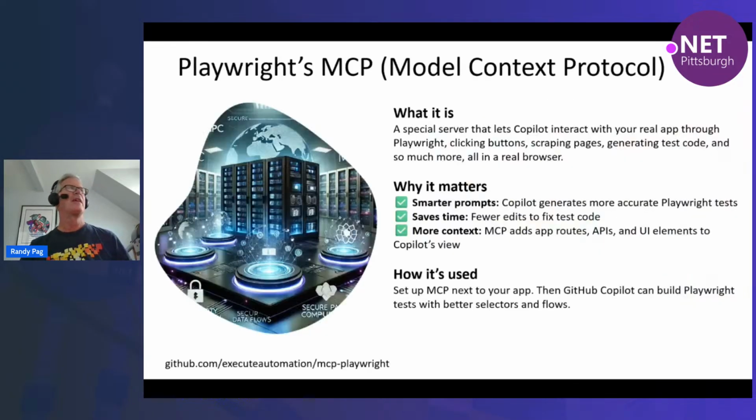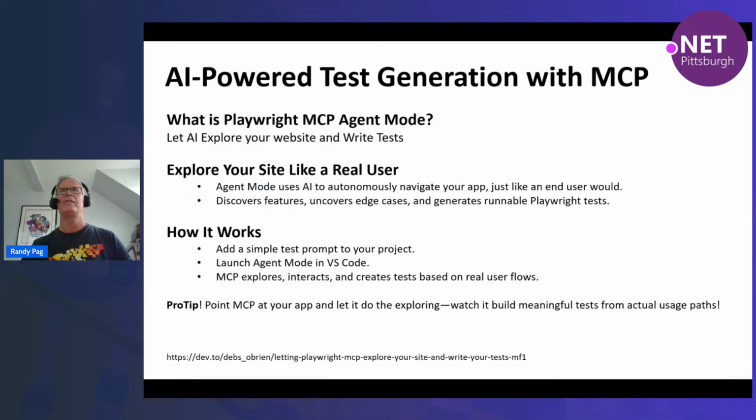If you're not familiar with that, there's a Playwright MCP server out there that allows me to interact with it using agent mode from my Visual Studio. So another thing that's fun to play with, if you get some time, give that a try. And what will happen is I can actually ask Copilot, hey, I have this website, go out there and run some test scenarios for me. And Copilot will go out and do that for me.